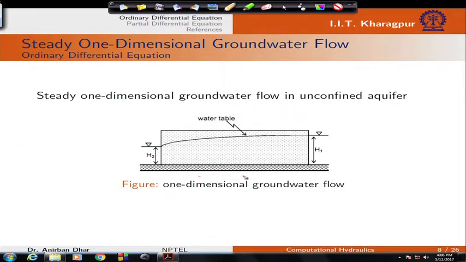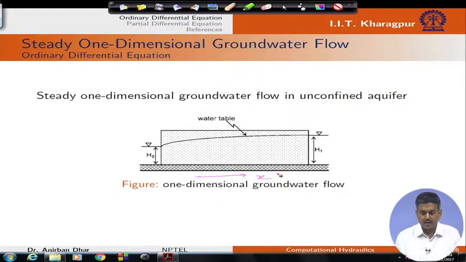Let us say that we have this x direction, and H2 and H1 are specified water levels on both sides.